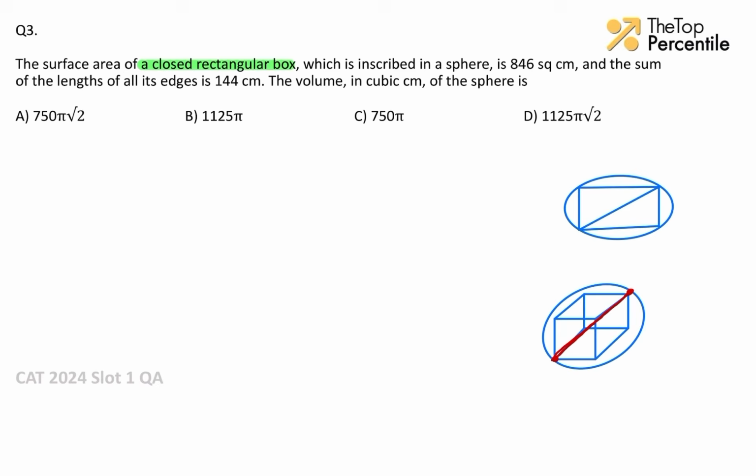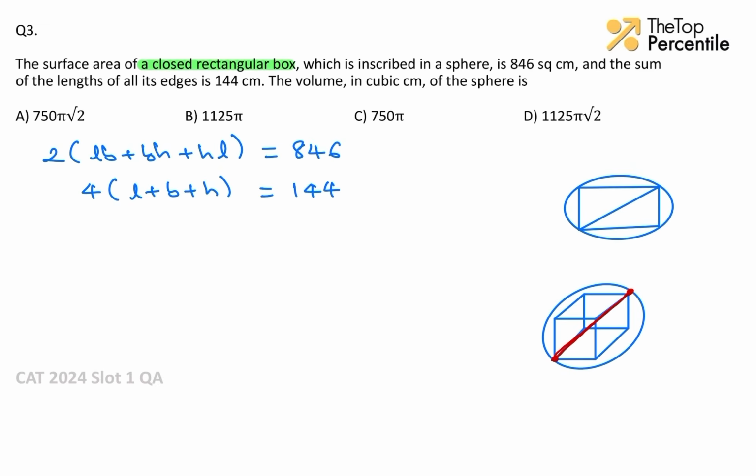The surface area of the closed rectangular box is 846. The surface area of a cuboid, we know, is 2 into LB plus BH plus HL. This is 846. The sum of lengths of all its edges is 4 into L plus B plus H. This is 144, which will give me L plus B plus H as 36.